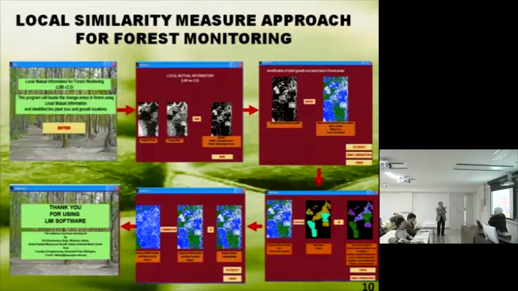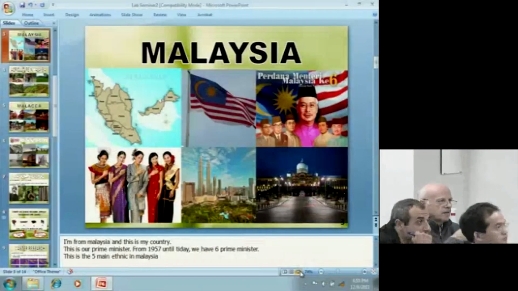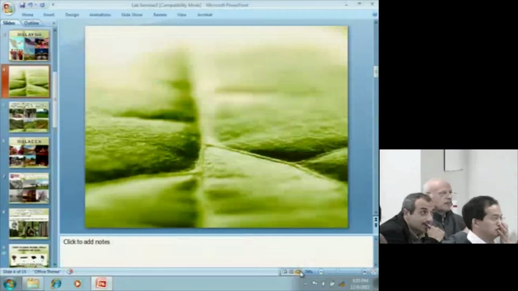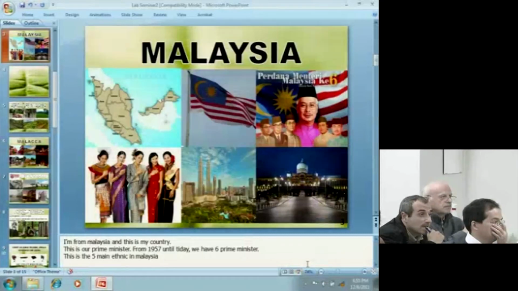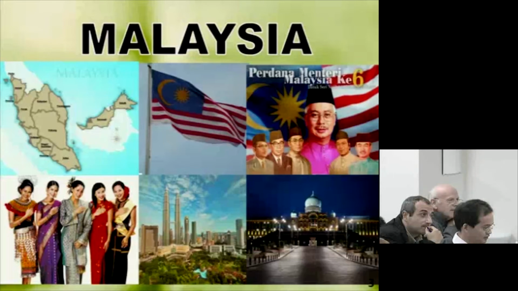A related question. Could you go to slide 3, please? You mentioned many places. I would like you to point out where your university is. Where are you from? I'm from Malacca. Okay, and my university is here, in Selangor.